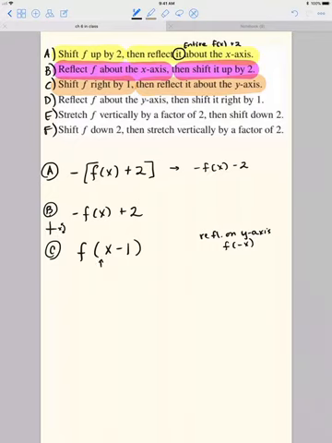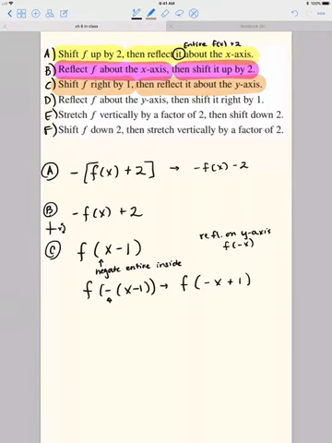So we need to put a negative on that entire inside. So what that looks like is f of negative of the quantity x minus 1, which would be the same as negative x plus 1 if you worked it out distributed, but you'd have to have the negative on the outside in order to make it do that.